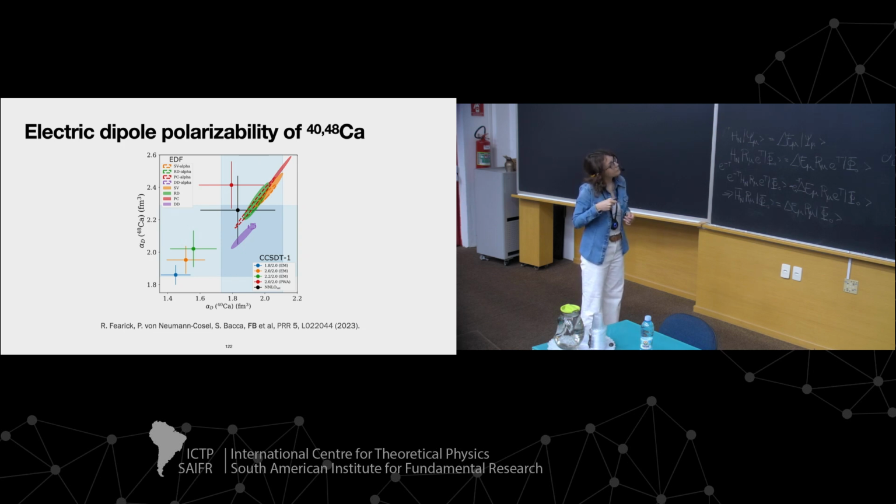You see the colored crosses are coupled cluster, the ellipsoids instead are energy density functional theory, and we have that these two observables are pretty much correlated with each other in both approaches.